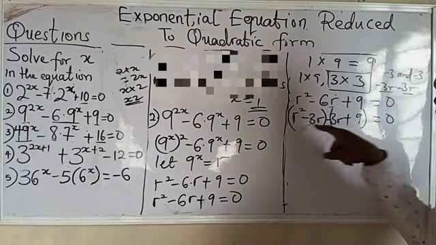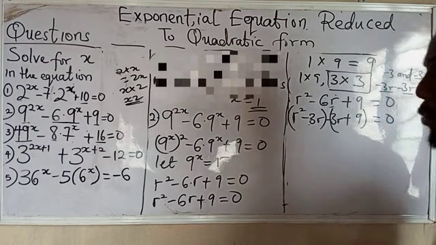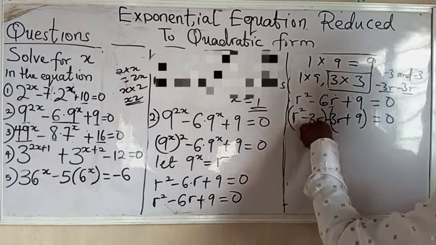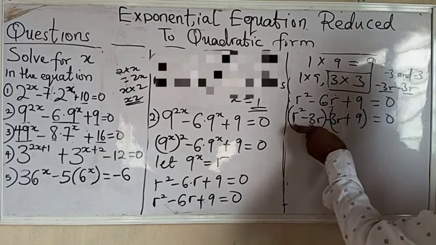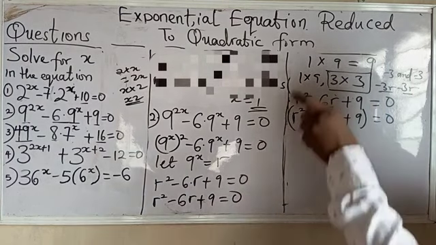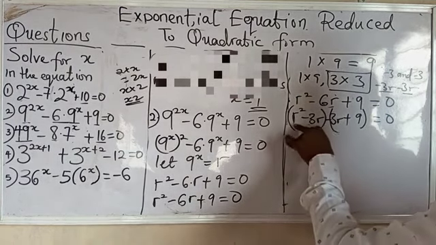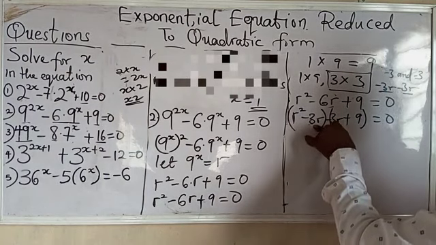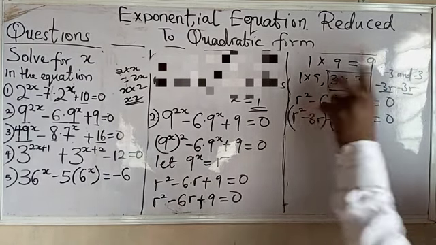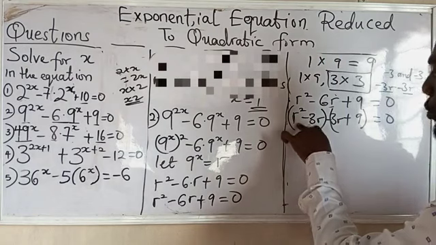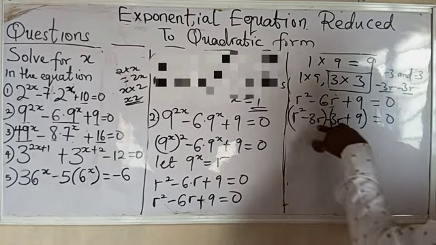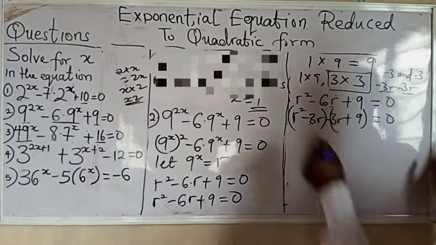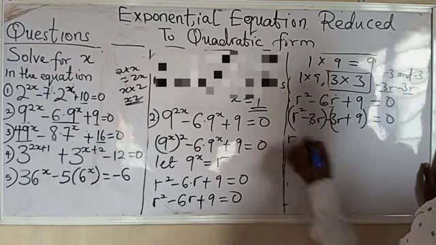Let's not forget that we have to look for either numbers and letters, or letters or numbers. Just look for something that is common on both sides. So here I can see that r is common here and r is common here. Let's not forget that r squared means we have two r's here. So if we have two r's here, I can find r here, and that r I can also find here too. So r is common.